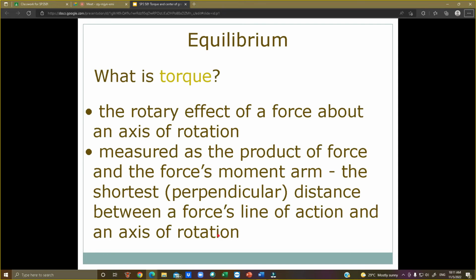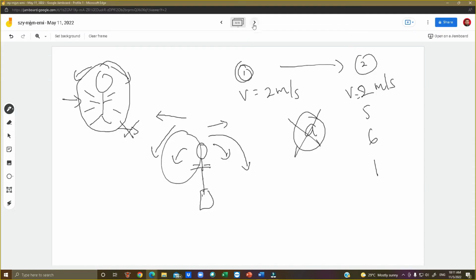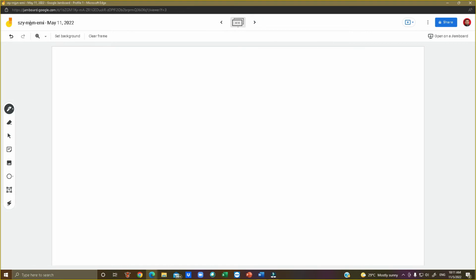Alright. To understand torque, we need to know two types of force. Okay. Kita ada banyak type of force, but as for today, we are going to discuss only two types of force. First one, torque. Okay.